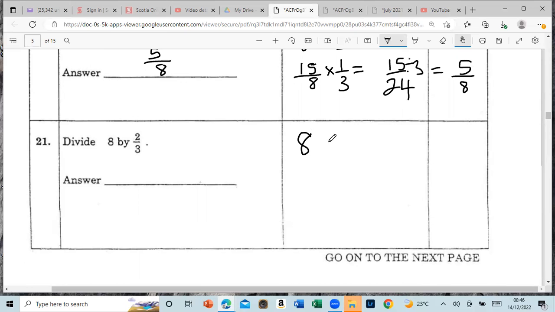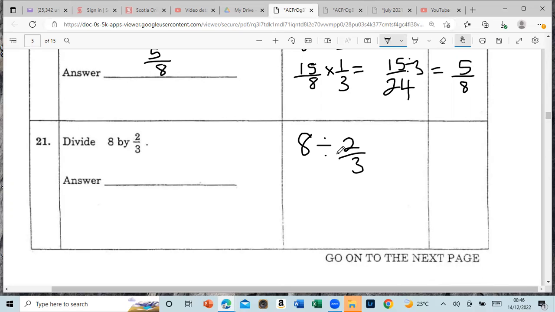So you have 8 wholes, and you're going to divide them by 2/3. Do you guys actually know what that means when you say 8 divided by 2/3? I'm going to show you the general way, but then I'm going to show you another way in which you can look at it.